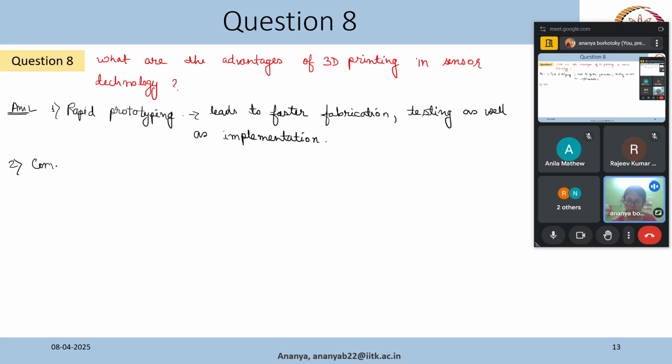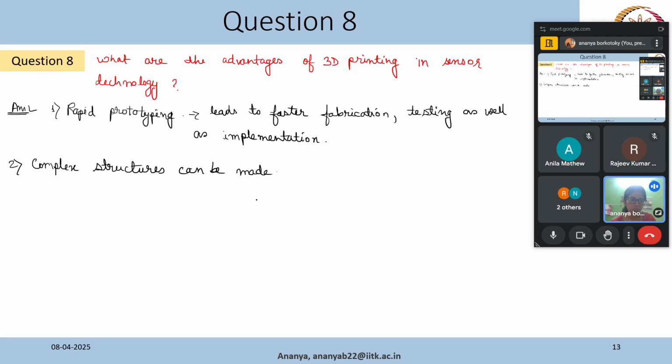Next is, as we have discussed, complex structures can be made easily. Now remember, because it's 3D printing, there will be a nozzle through which the printing will happen. So it is not possible to make very fine structures.